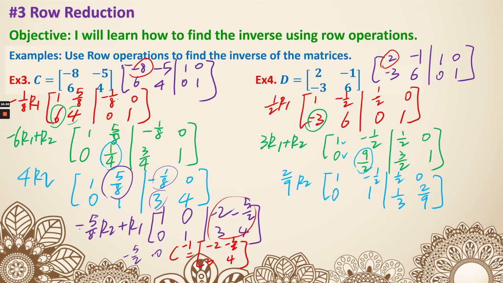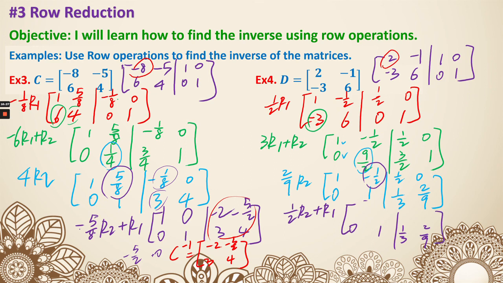Now the very last step. Now we need this to become a 0. So that's a -1/2, which means I need the other row to multiply by a positive 1/2, then add on to the first row. So I am keeping my second row: 0, 1, 1/3, and 2/9.